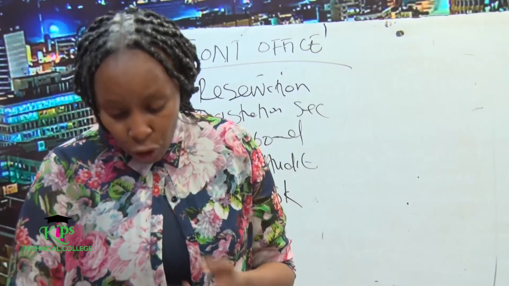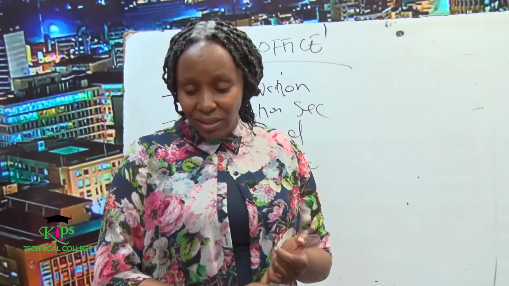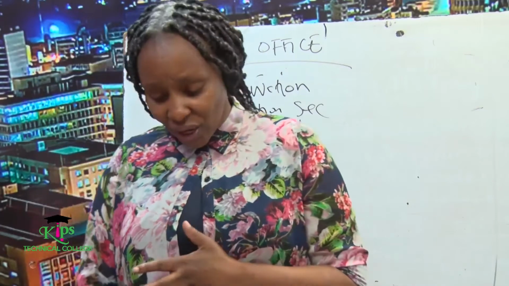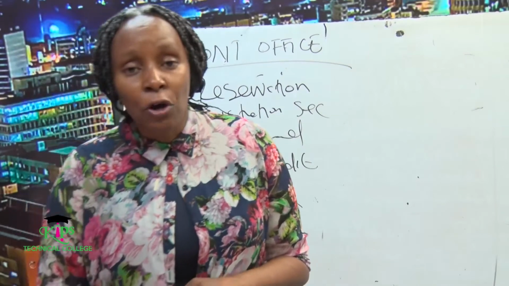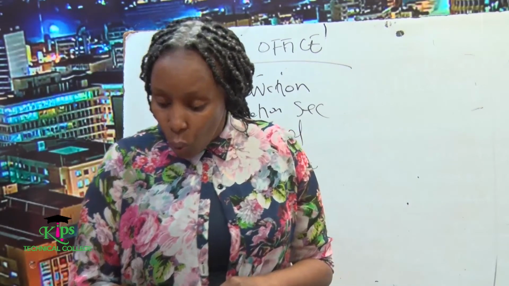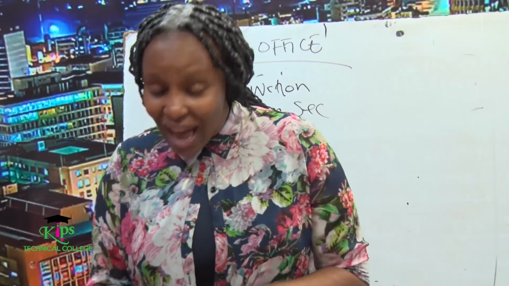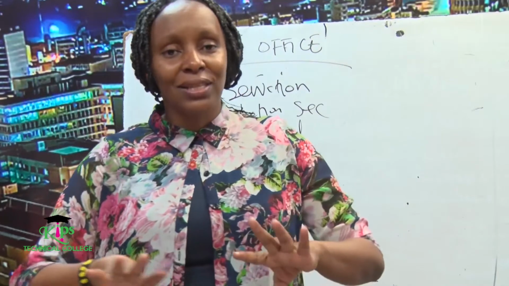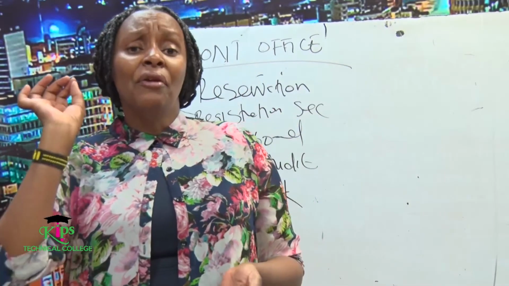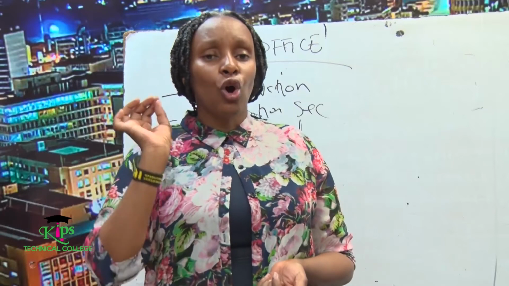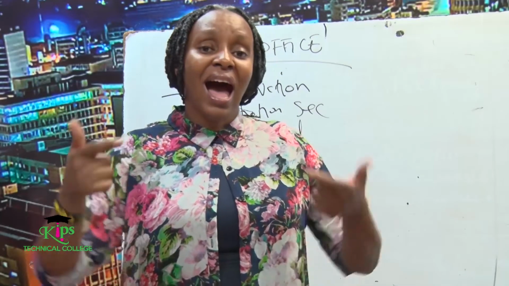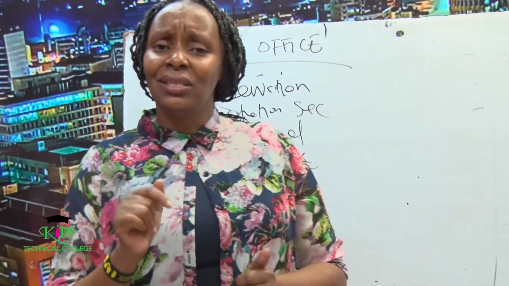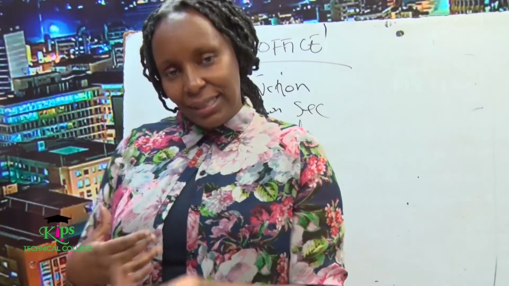Like we've got the front office desk agent, the reservation agent, the switchboard operator, the front office cashier, the uniformed staff, and the night auditor. All these small subsections report to the front office manager, and these small subsections have their own duties and responsibilities.